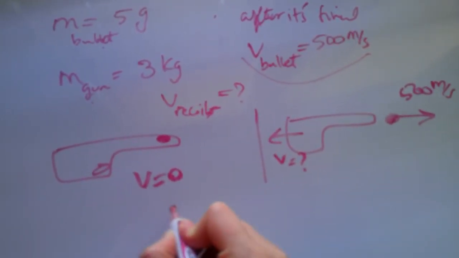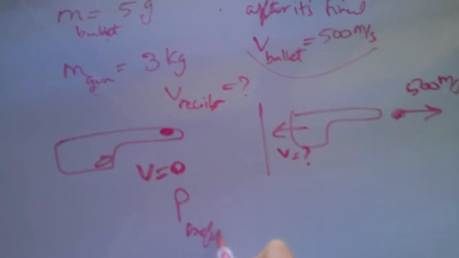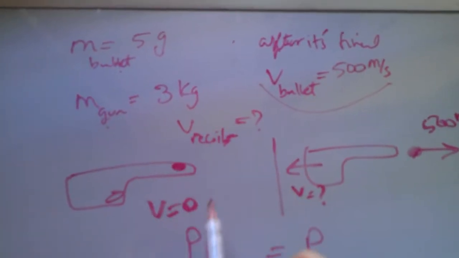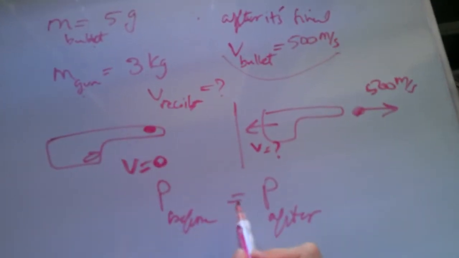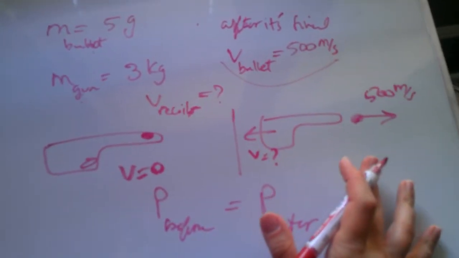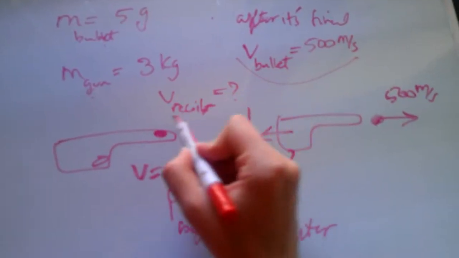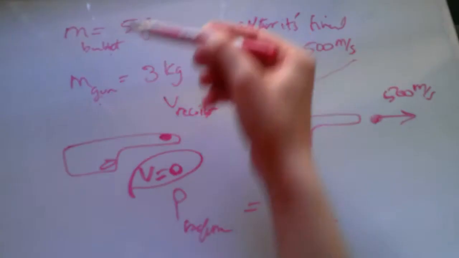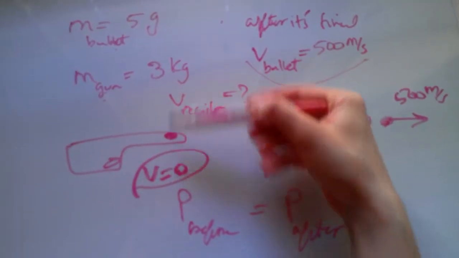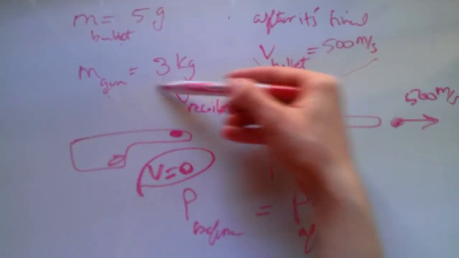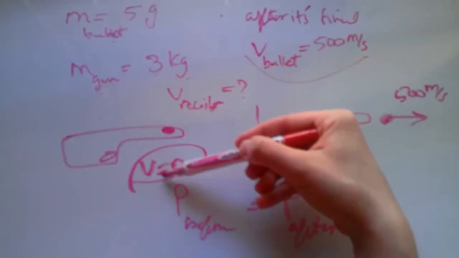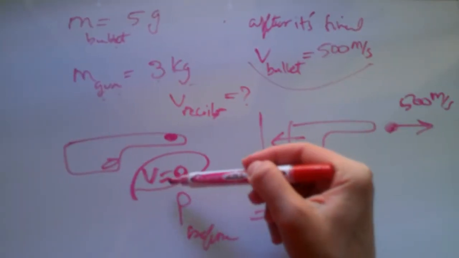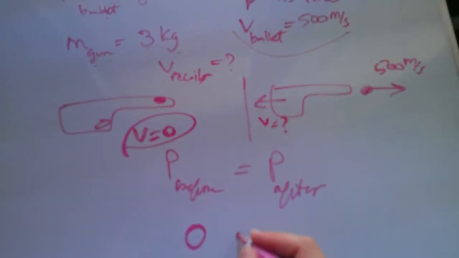So conservation of momentum tells us that P before is P after. The momentum of all the ingredients that we have before should be equal to the momentum of all the ingredients afterwards. Before, everything was at rest, and so its momentum, mass times 0, gives you 0, and the 3 kilogram gun sitting at rest also contributes 0, so the whole momentum is 0 before.